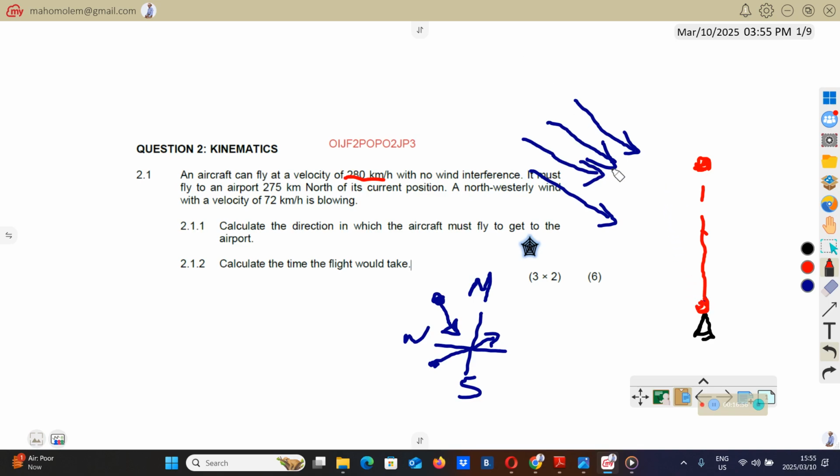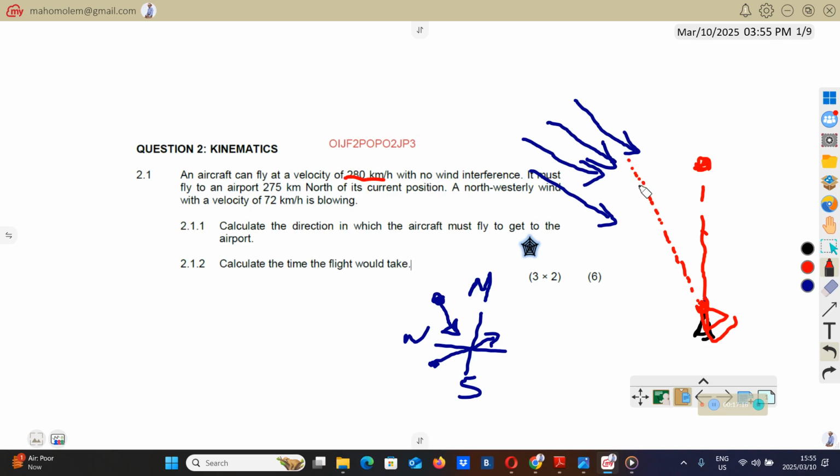So the wind is blowing from this side. Therefore, we're going to set the aircraft to go in this direction. So this aircraft, we're going to set it, or twist it, to take this direction.